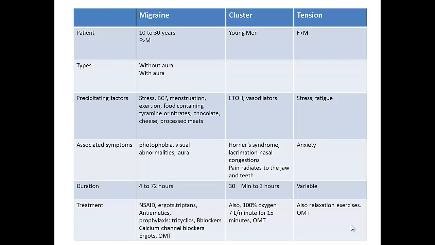It's good to point out that some people have a migraine headache without aura, and some people have a migraine headache with aura. An aura is a sensation that predicts that the headache is going to come on. Some people get an unusual smell, or they get flashes of light in their eyes, and that would be an aura. So this is a good chart to be familiar with.